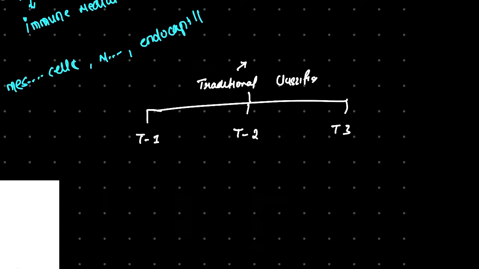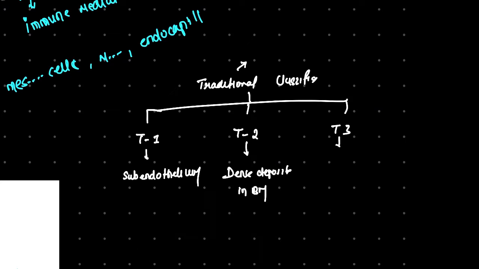So what was type 1? There was deposition of immune complexes in the subendothelial region. Talking about type 2, there was dense deposit in the basement membrane.